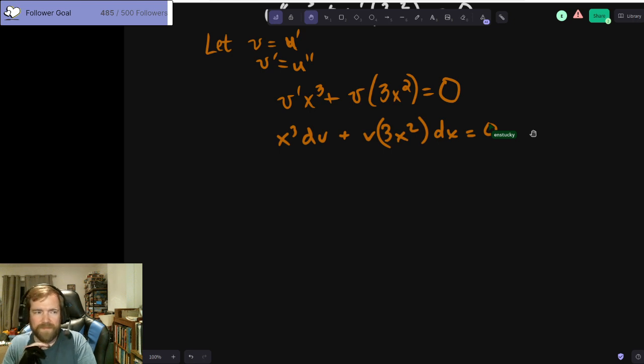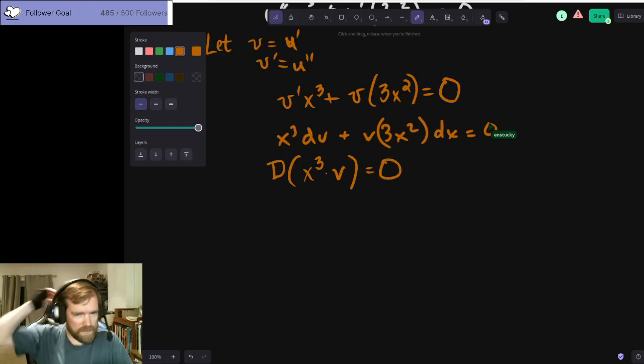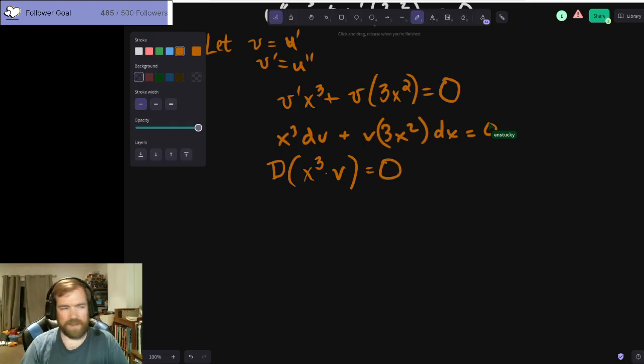Are you pointing at the product rule? Yeah, it has an integrating factor of 1. Right. So in this particular case, we don't need to do any integrating factors or anything like that. This is taking the derivative of x cubed times v. No games, no funny business, just that's it.